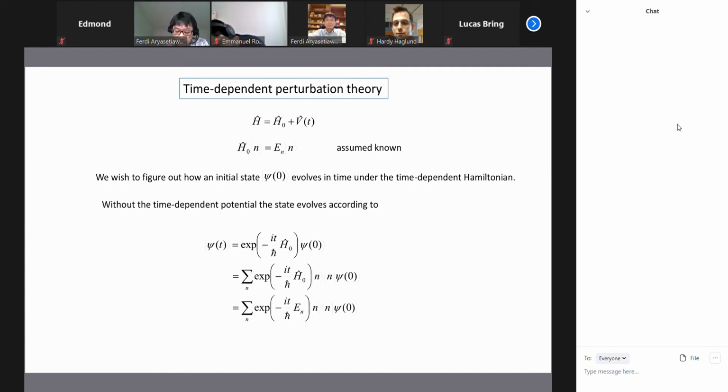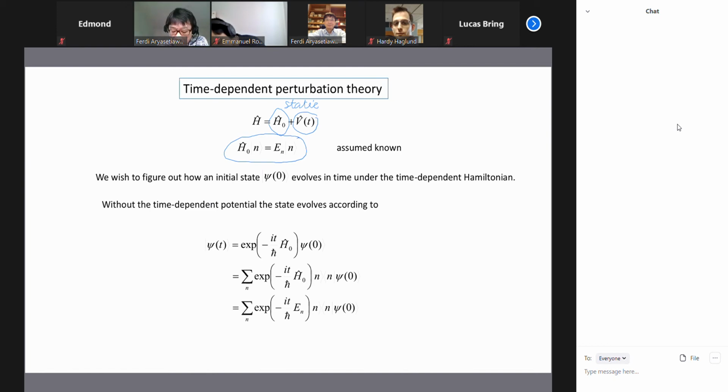So we have, in addition to the static, so this is static, we have an additional potential which depends on time. So we want to consider what to do when we have such a system. And the assumption here is that we know the solutions to the unperturbed systems.